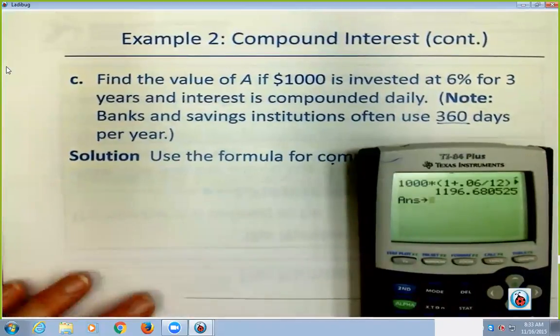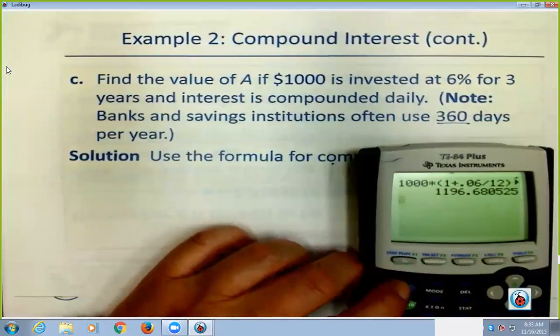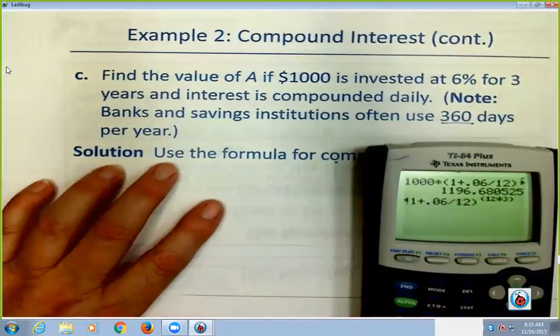So if I pull back my problem, I can just simply go in here, change a couple things. I'm going to change my 12 to 360.